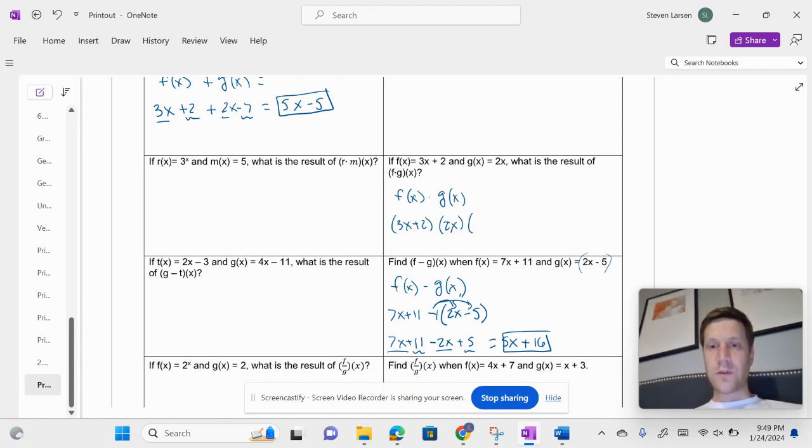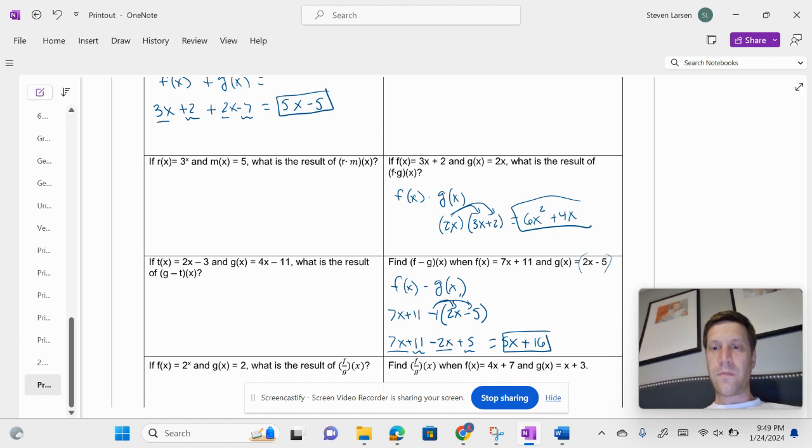So I'm actually going to reverse those. Let's do 3x plus 2 here. The reason I'm doing that is now I can distribute that 2x in, and we get 2x times 3x, 6x squared, plus 2x times 2 is 4x.